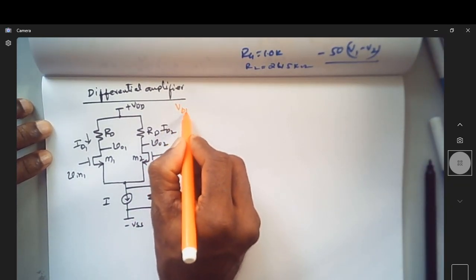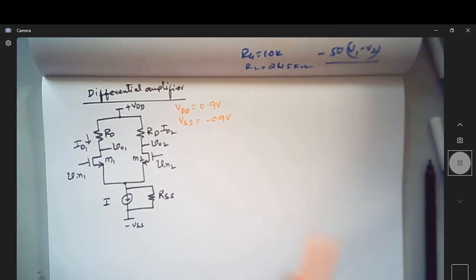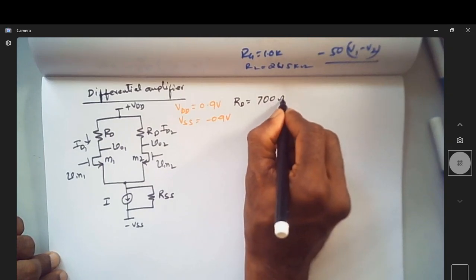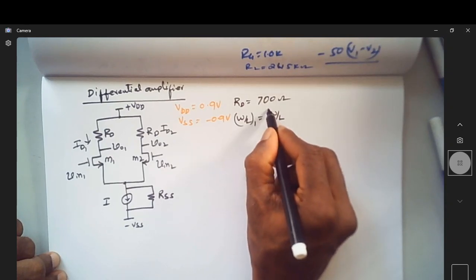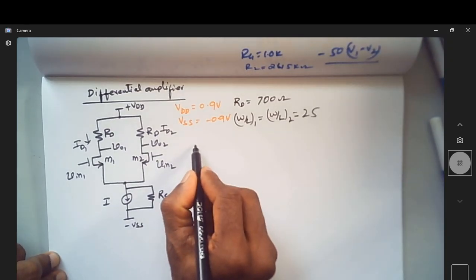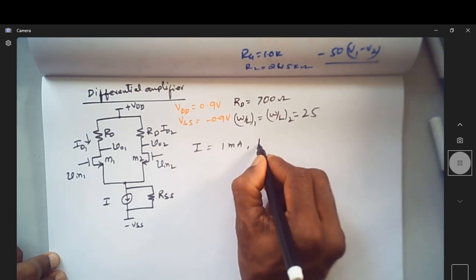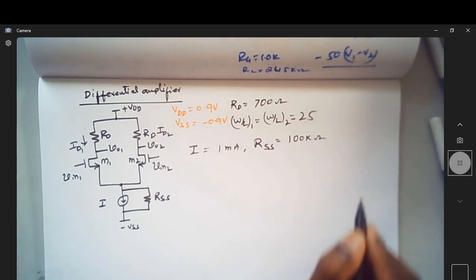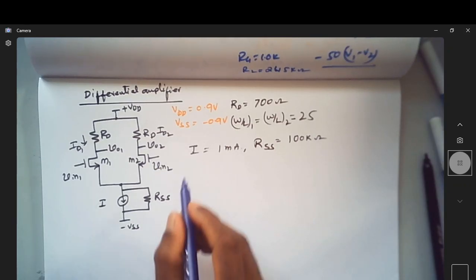VDD is equal to 0.9 volt and VSS is equal to minus 0.9 volt, and let me assume RD to be maybe 700 ohms, and let me assume W/L of the first transistor as well as W/L of the second transistor to be 25 as the ratio, and let us assume a tail current of 1 milliampere, and let us assume the resistance associated with the tail current as maybe 100 kilo ohms. With these specifications, let us try to find out these parameters.